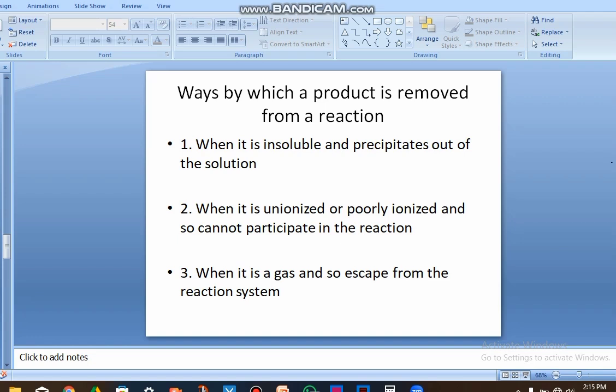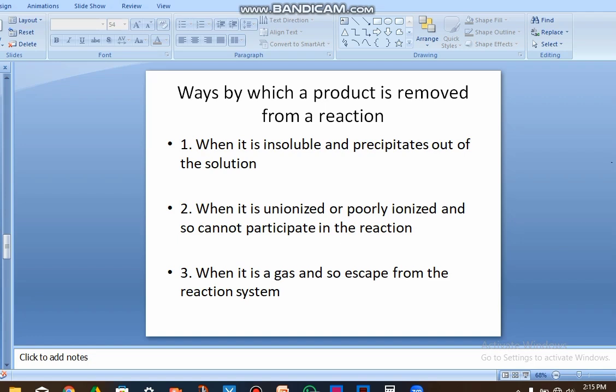So ways by which products are removed: number one, when it is insoluble and precipitates out of the solution. Number two, when it is unionized or poorly ionized and so cannot participate in the reaction. When it is poorly ionized, it cannot ionize any more.